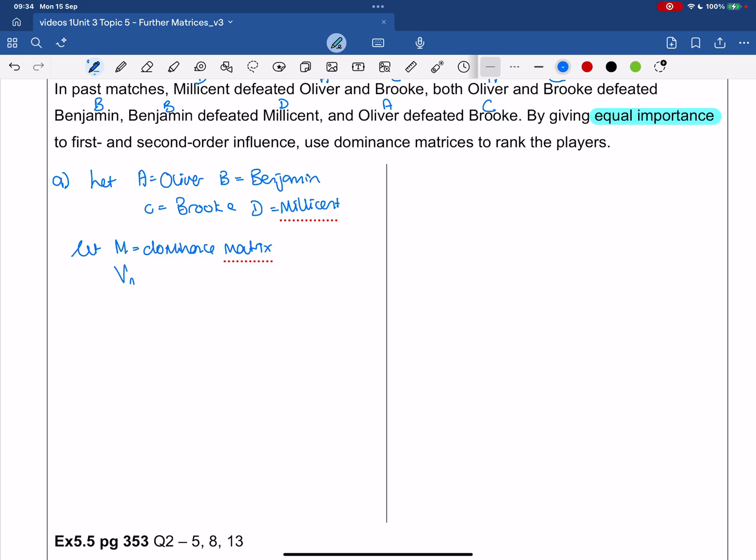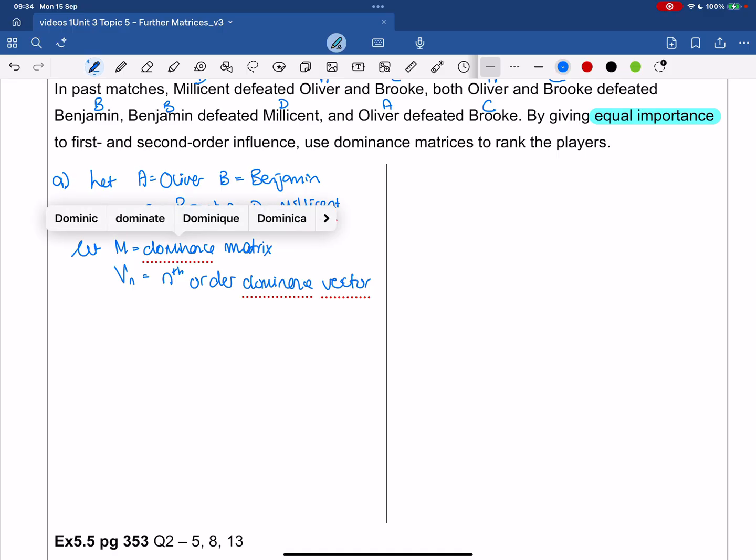And my vector we're going to be defining as the nth order dominance vector. Okay, doesn't like my handwriting today at all.